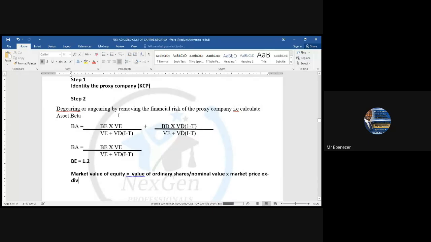Yes, because that is what is used usually to calculate the value. So the value of equity is 100 million divided by 1 naira times the market price. What is the market price, class? 2.60 naira, 2 naira 60 kobo, 2.6 per share.